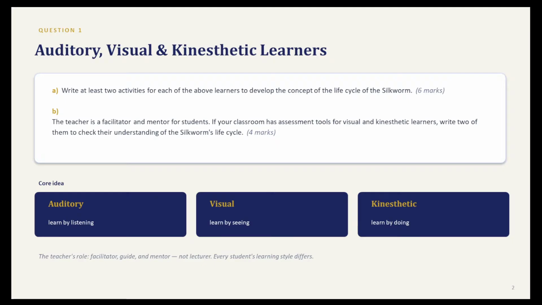Therefore, while teaching the life cycle of a silkworm, I have planned separate activities for auditory, visual, and kinesthetic learners. In this lesson, the teacher is not only the lecturer but also a facilitator and mentor who guides students throughout the learning process.